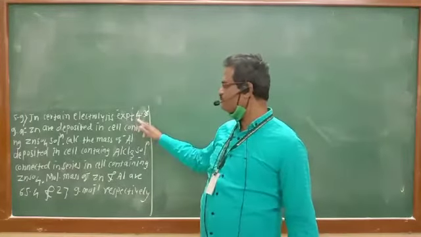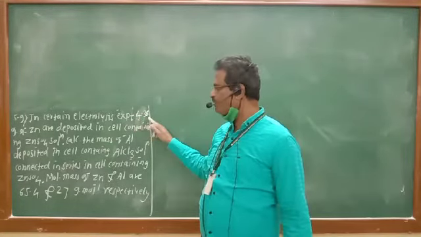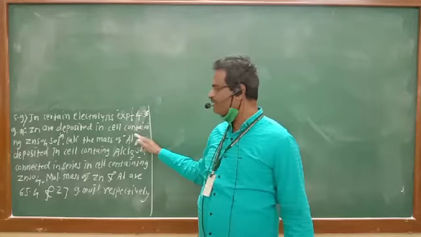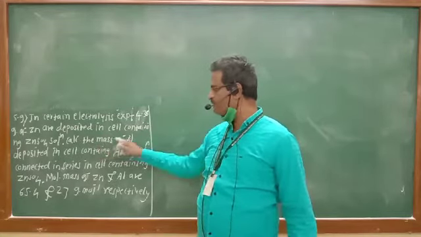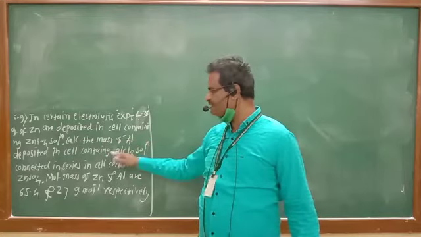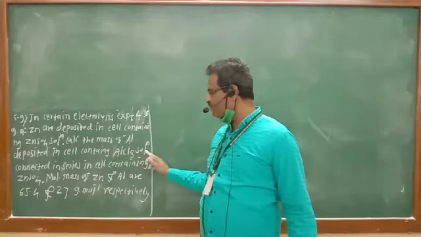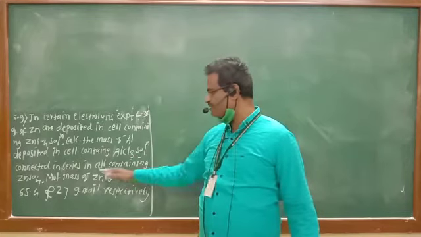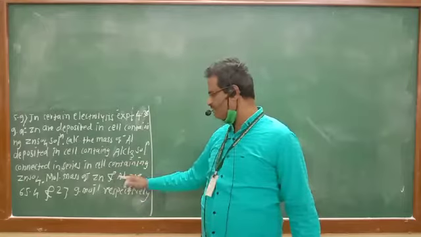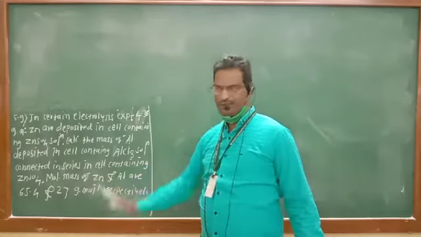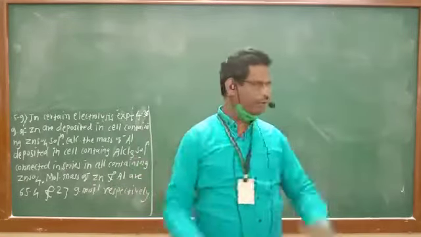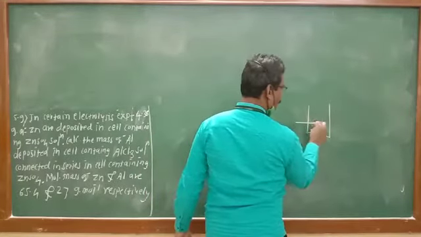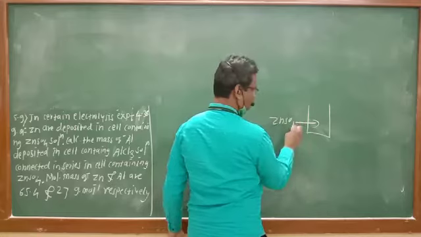In a certain electrolysis experiment, 4.36 gram of zinc is deposited in a cell containing zinc sulfate solution. Calculate the mass of aluminium deposited in a cell containing aluminium chloride solution connected in series with the cell containing zinc sulfate. Molar masses of zinc and aluminium are given. See what they have given here. In one cell they have taken a solution of ZnSO4.